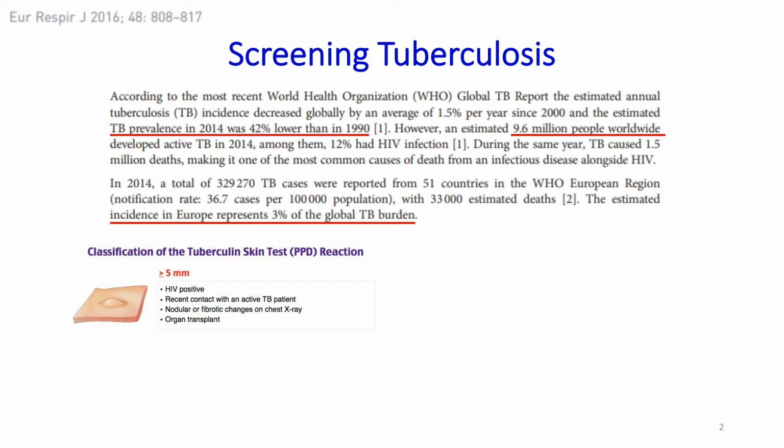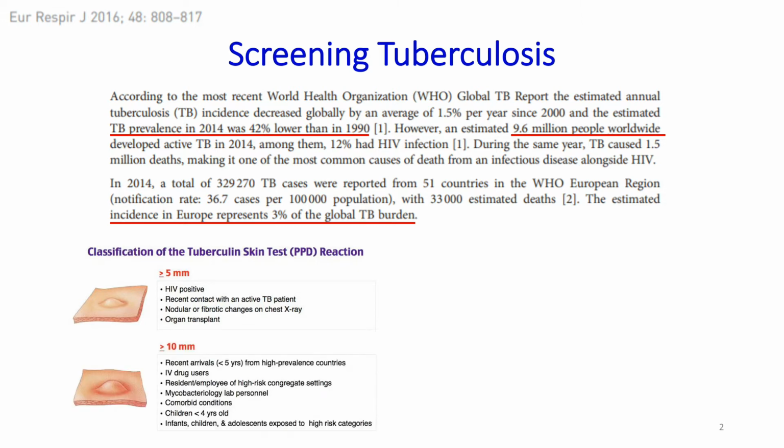What they do in schools, for example, in certain countries like in Russia, where I am from, is a so-called tuberculin skin test reaction. They inject tuberculin under the skin and they measure the size of the allergic skin reaction.